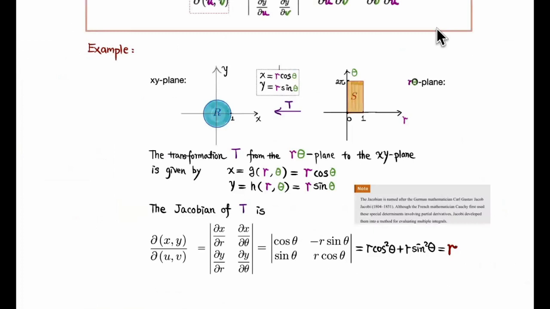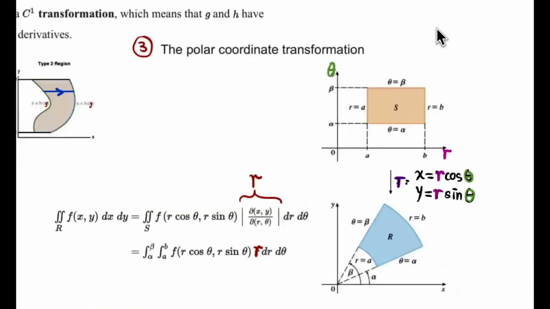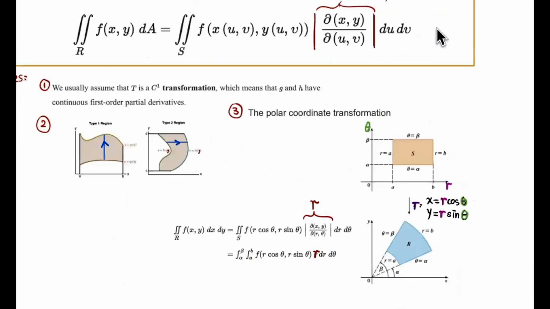The Jacobian of this transformation is equal to r, and r is positive, so the absolute value of this Jacobian is equal to r. And then du dv here is dr d theta.